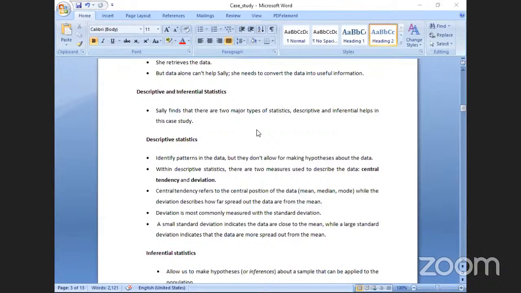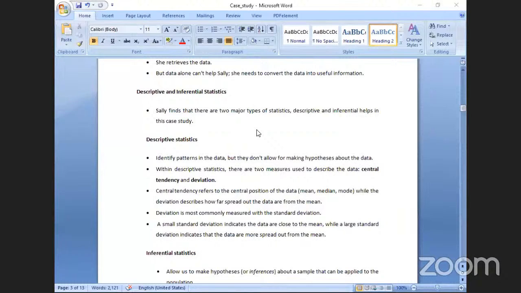Mean refers to the average value existing, and mode refers to, let's say, the most common number existing in that data. Median is the middle number of that data set. Let's say she adopts this to understand mean, median, and mode existing in that data set.